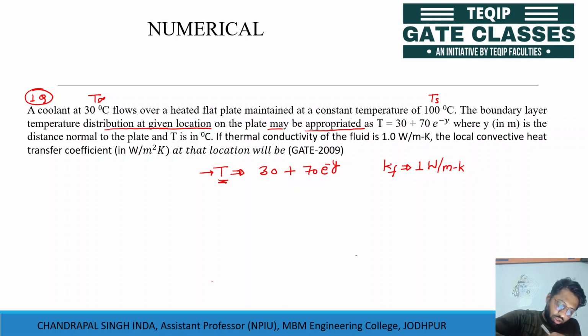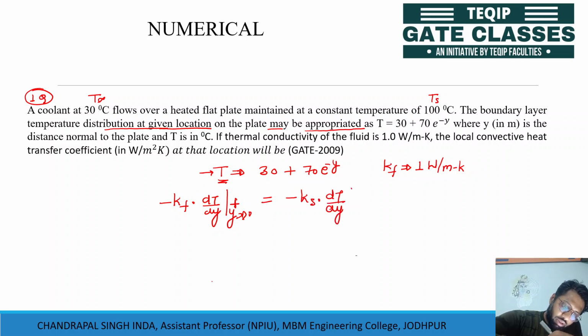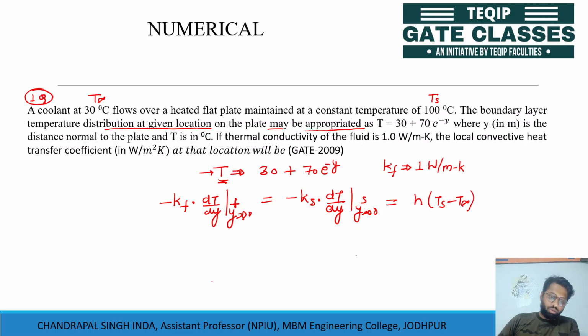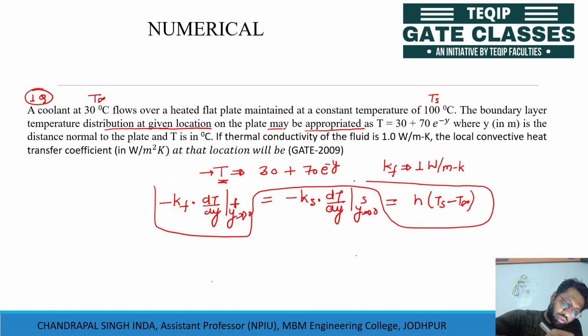So we can use the formula Kf into dT by dy at y equal to 0, the temperature gradient of the fluid, is equal to minus K of solid into dT by dy at y equal to 0 for the solid, is equal to hA, and A is the same, so it is heat flux, h times Ts minus T infinity. Here we know this value, so we use this equation.